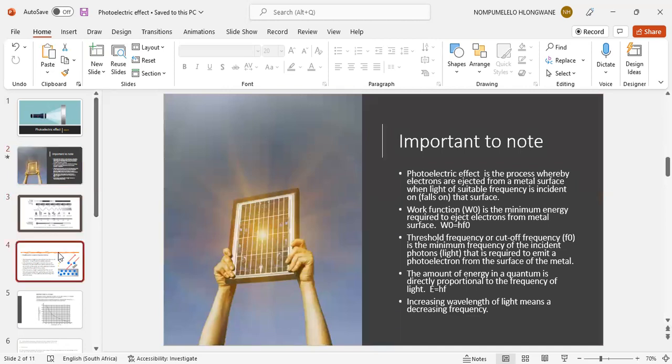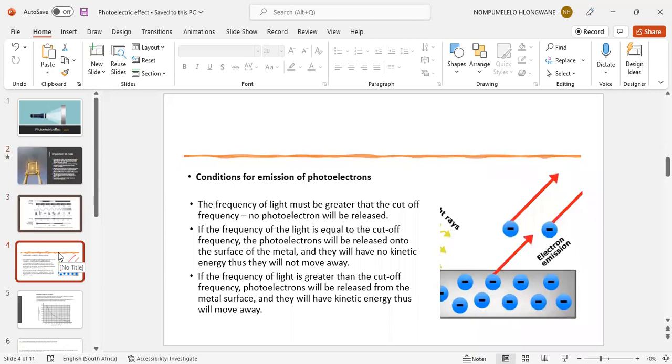One thing again to note is that we have conditions whereby electrons need to be ejected from the metal surface. Number one is that the frequency of light needs to be greater than the threshold frequency, the cutoff frequency.